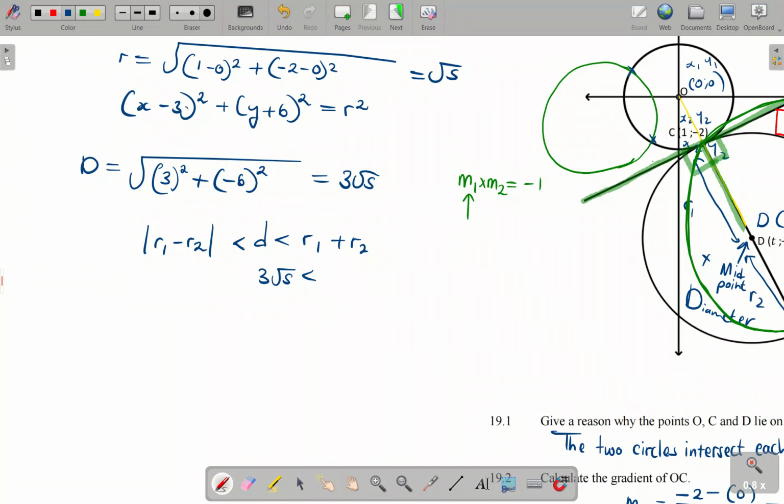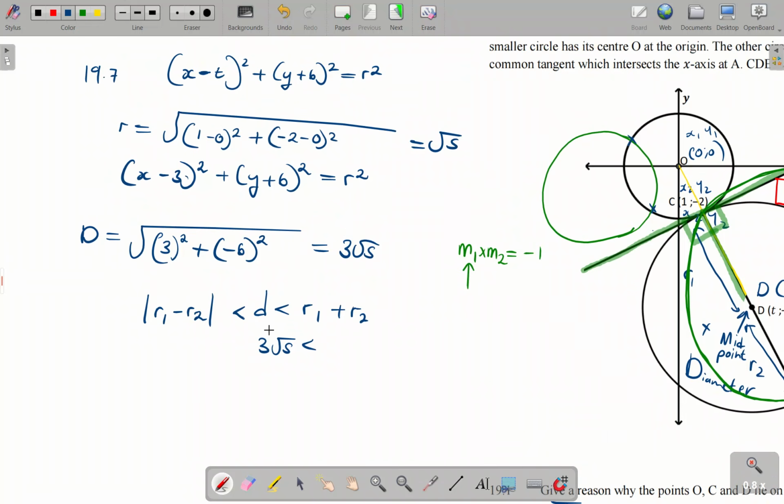Your R1 is what? Let R1 be the radius of the bigger circle. So I'm just going to leave it like that. R1 is the radius of the bigger circle, so I'm just going to call it R there, and then R2 is the small circle.